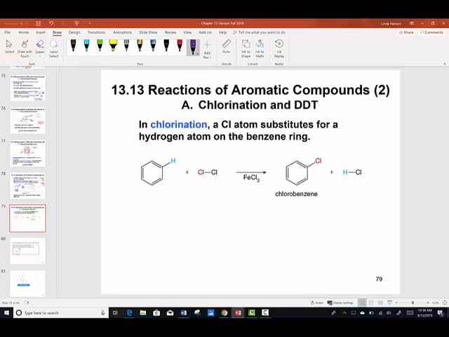So here's a specific example, just to emphasize again what a substitution reaction will do. There are 6 equal hydrogens on our benzene ring.